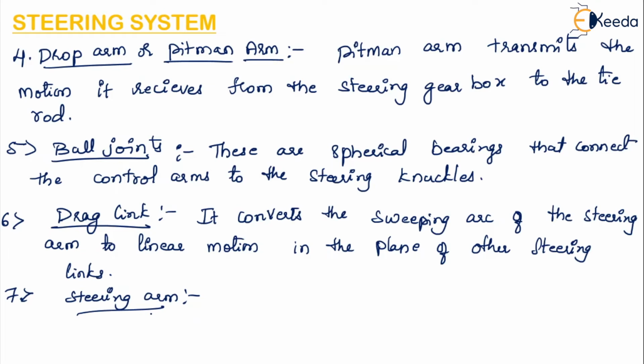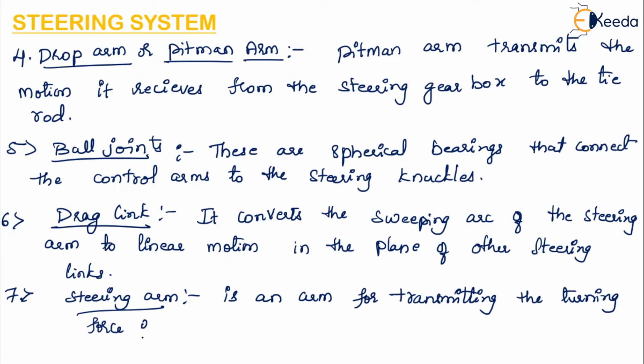So the steering arm is the arm for transmitting the turning force from the steering gear to the drag link.